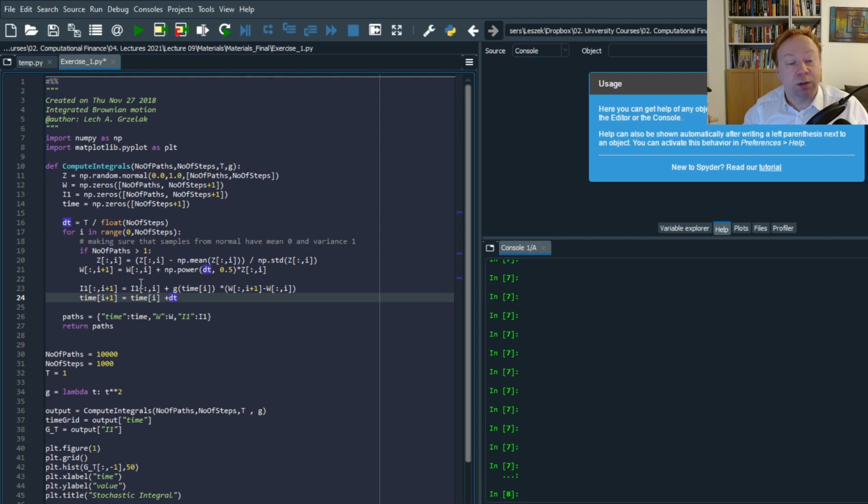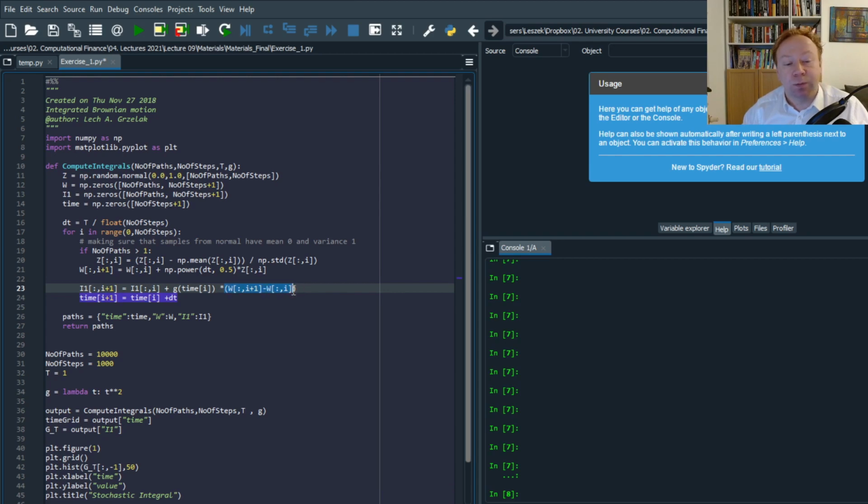So I1 at i plus 1 is equal to I1 at i, and then we have a function evaluated at time ti times the Brownian motion increment. You see the time is running here. We start with 0, and every time we just add dt, so we monitor how far we are in time.